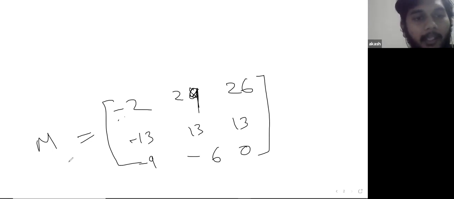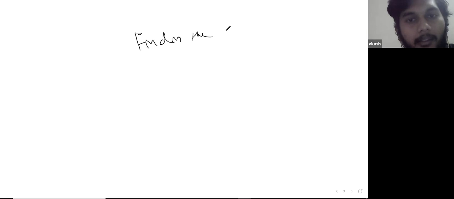Now we have to calculate the cofactor matrix, right? We have to form a cofactor matrix. How we do that is, we are trying to learn finding the inverse of the matrix.